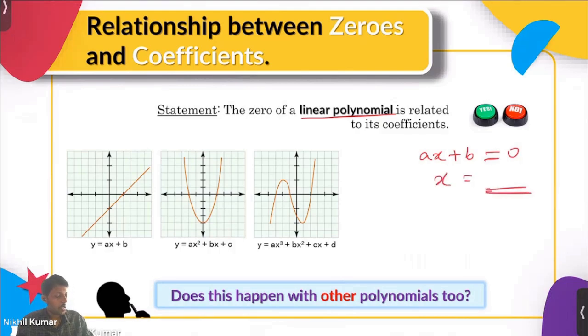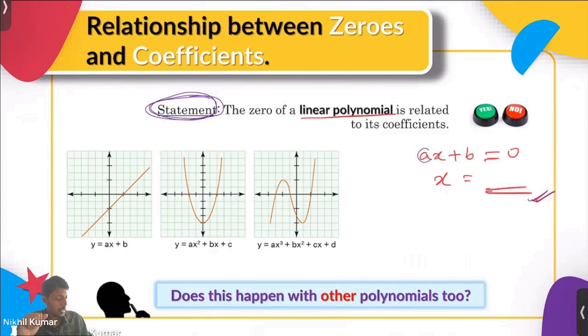You do this and then tell me whether this statement that is given to you here is right or wrong. You find out the zero of this linear polynomial and tell me, is the zero of a linear polynomial related to its coefficients?